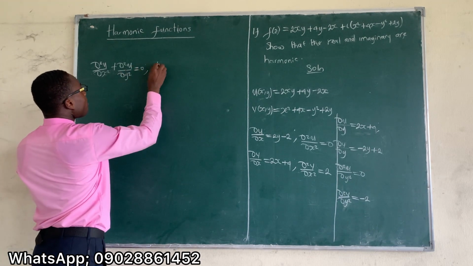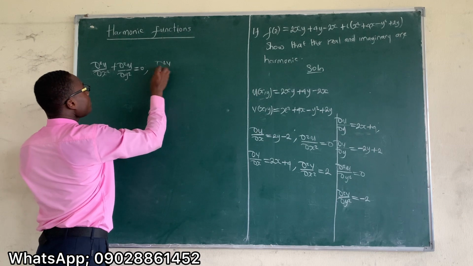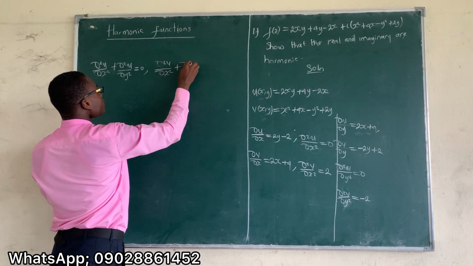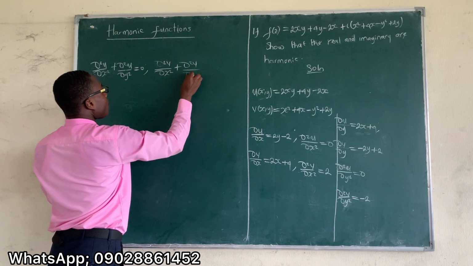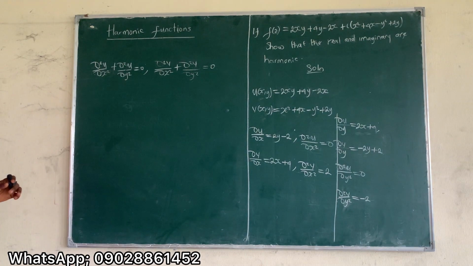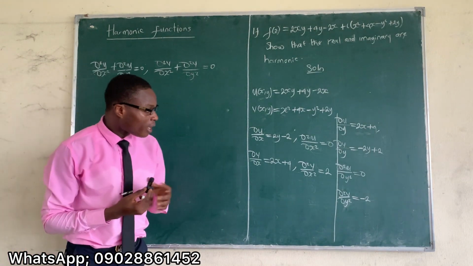And also, partial square v partial x square plus partial square v partial y square must also be equal to 0. So let's add them and see what we have.